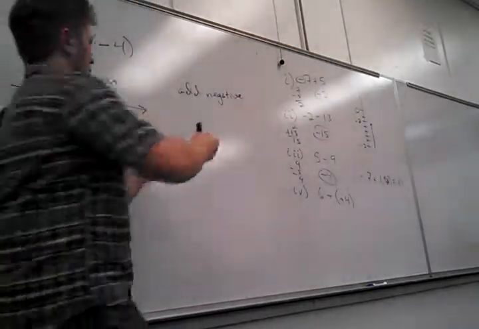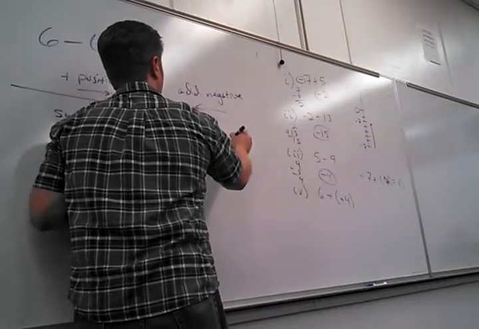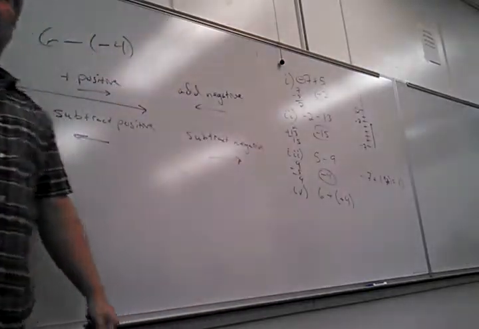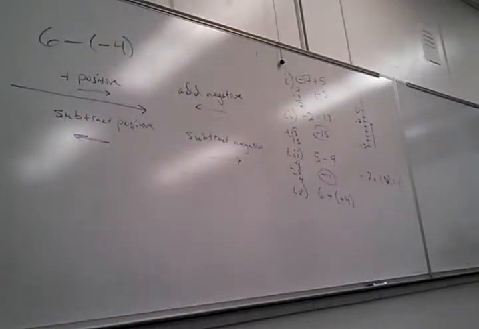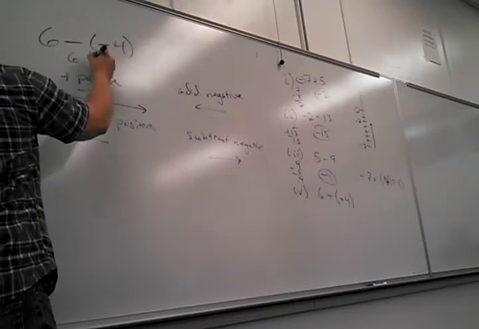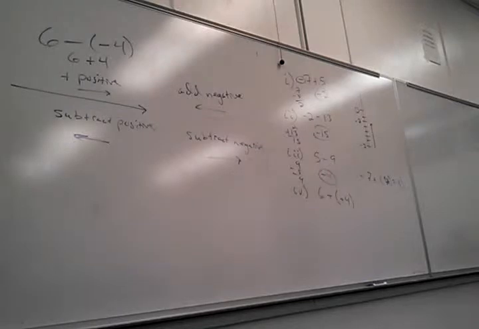So then, if I subtract a negative, I have to go that way. Because subtracting a negative will do the opposite of what a negative normally would do. The opposite of negative 4 is positive 4. Two negatives multiply to be a positive because they mean the opposite of the opposite. They go away.